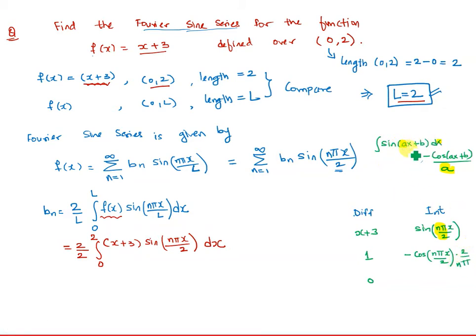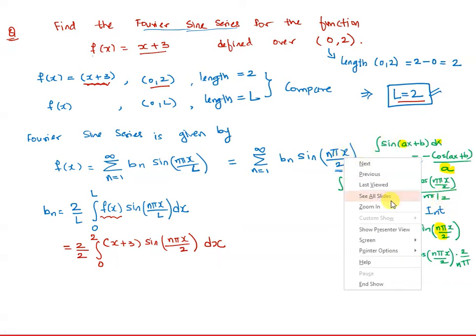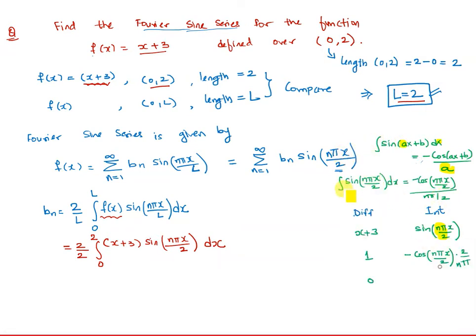See, in place of a, if I have, say, the integration of sine n pi x over 2 dx, it becomes minus cosine of n pi x over 2, whole divided by n pi by 2, because that was the coefficient. So this total is divided by n pi by 2.